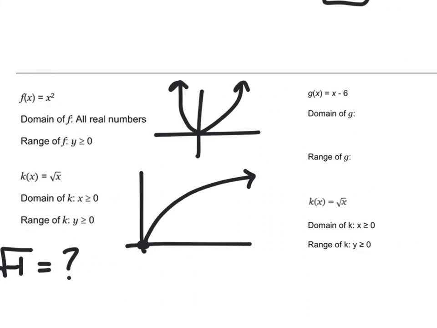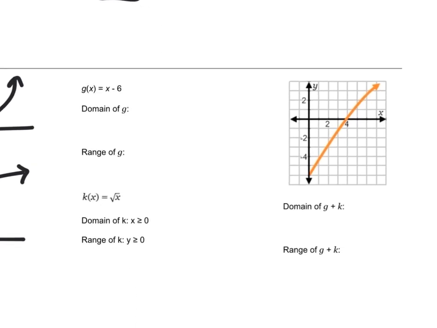And so let's go ahead and take a look at this graph over here, g of x equals x minus 6, this is a linear function, okay? And so the graph of this, here's negative 6, here's the y-intercept, and we have a line that looks like that, okay?